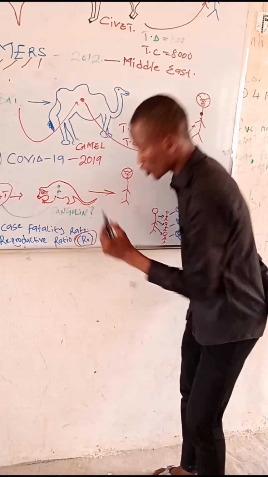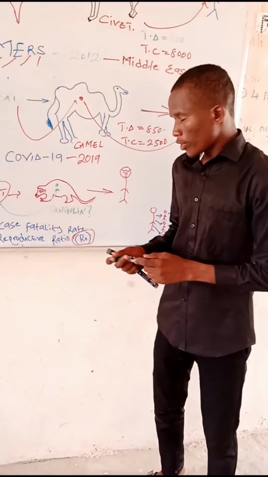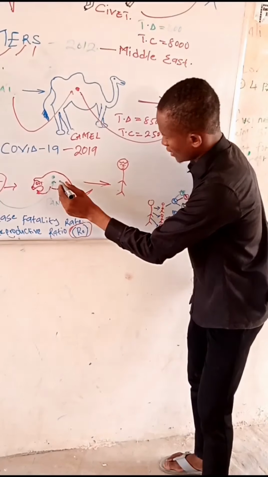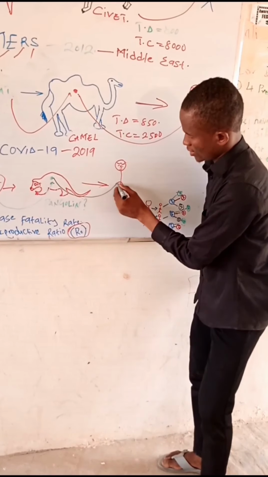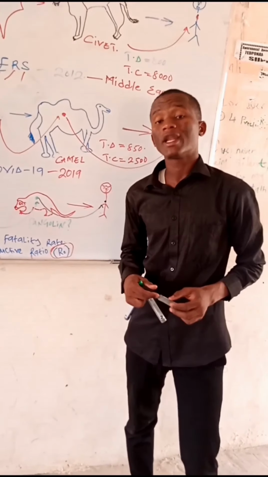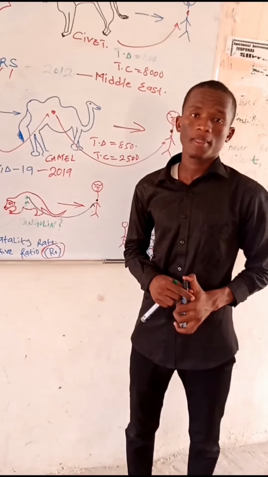Although it is still not confirmed, within the pangolin the virus mutated again. It mutated and infected humans, and therefore caused the COVID-19 pandemic.